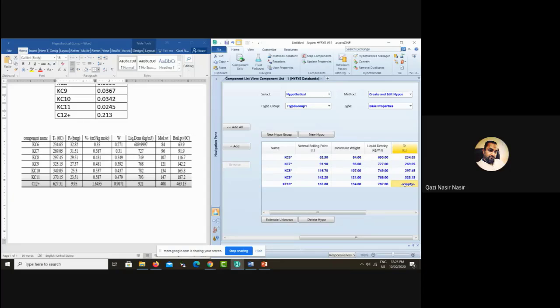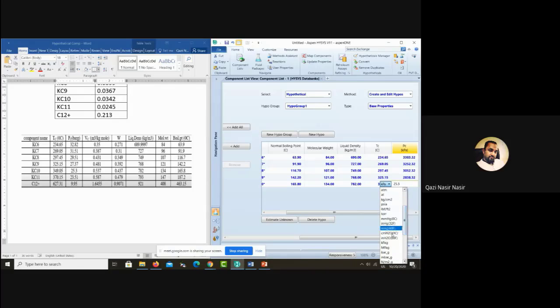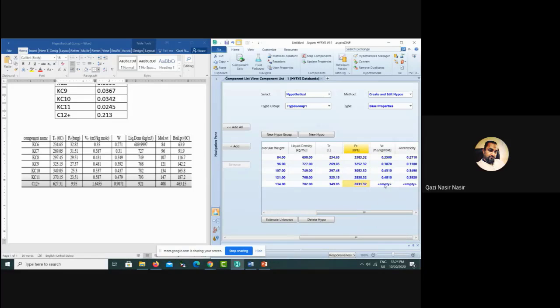Critical temperature is 349.05. Critical pressure is 25.3, in terms of G again. Okay, and then we have the critical volume, 0.537. The eccentricity is 0.437.